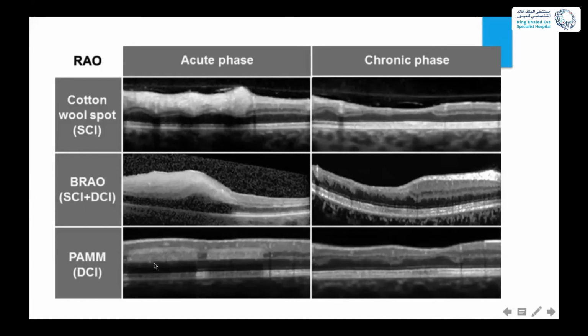So the hyperreflective band will be at the inner nuclear layer and inner plexiform layer. And with time, you can see there is thinning at the level of these two layers. So you need to know this descriptive term, and know that OCT can be a good screening tool to screen patients with vascular disease.